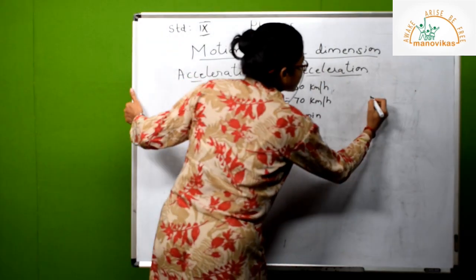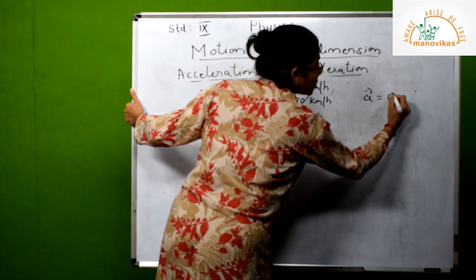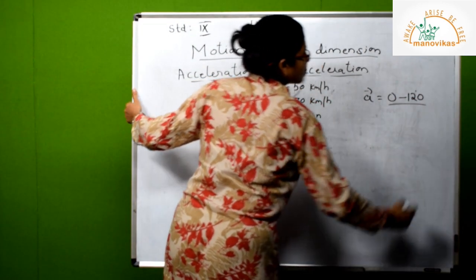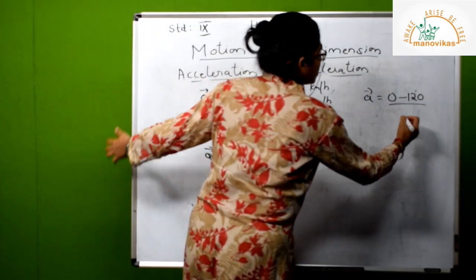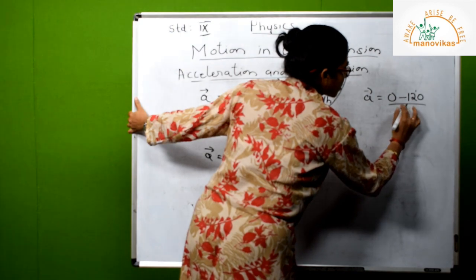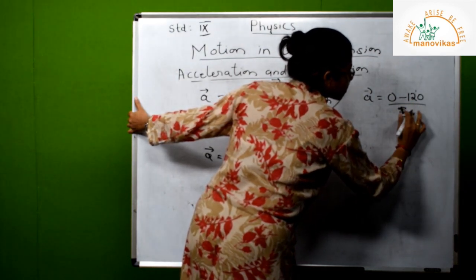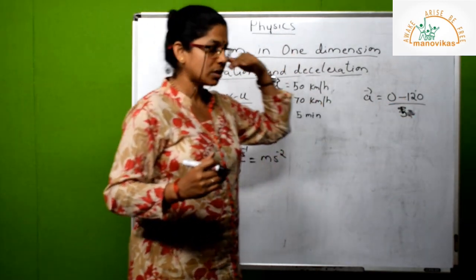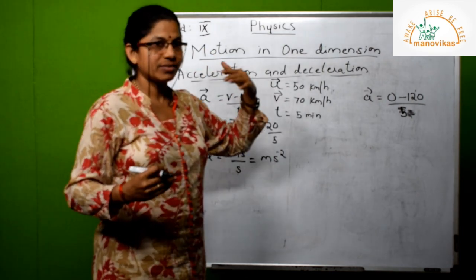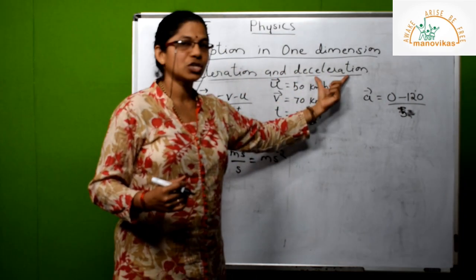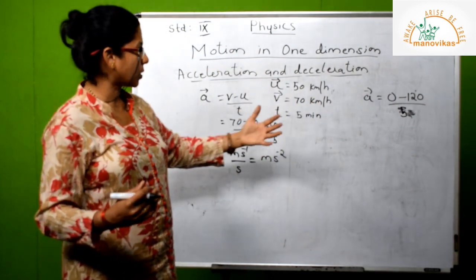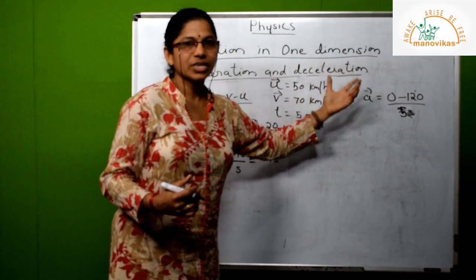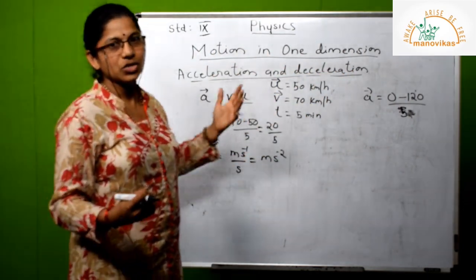In this case, acceleration will be 0 minus 120 in time 5 minutes. After doing the conversion, you get a negative sign. So whenever acceleration decreases, it is called deceleration or retardation. Okay, so these were the concepts of acceleration and deceleration, or the other term that is used, retardation.